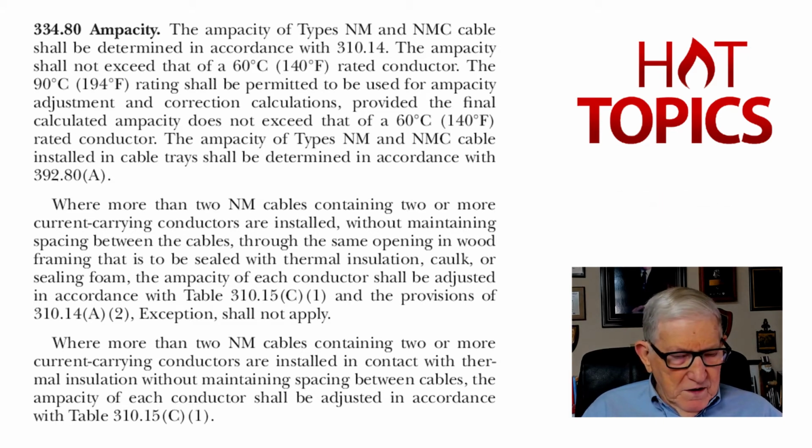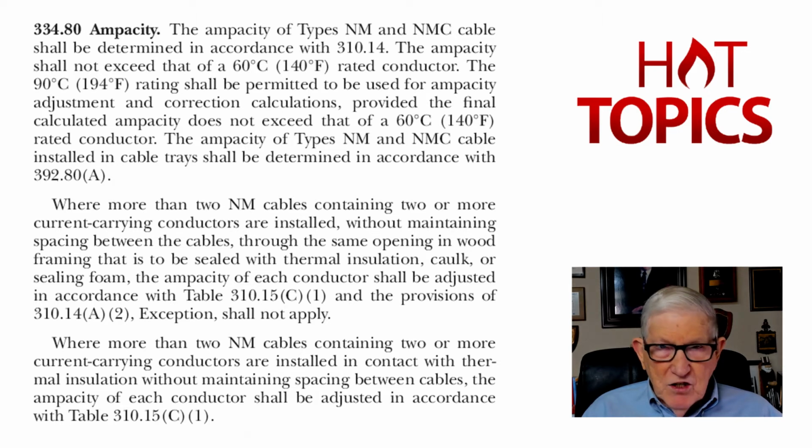And then notice the next sentence says it all. It ties it back to 110.14(C)(1). And notice what it says there: the 90 degree C rating shall be permitted to be used for the ampacity adjustment or correction calculations. But notice the big proviso.